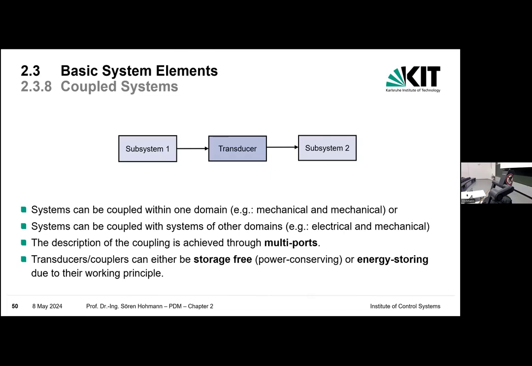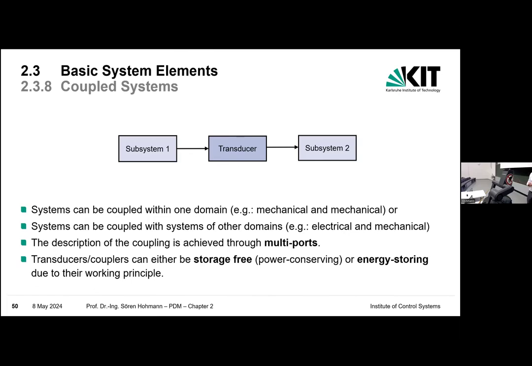But before we can do this, we have to learn a little bit about the so-called two-pole elements, because they are very important in particular in coupling different domains. We can say there's some sort of subsystem 1 and some sort of subsystem 2, all glued together with power ports or bonds. And in between the two, there's a transducer, something which transduces, or couples one subsystem with another.